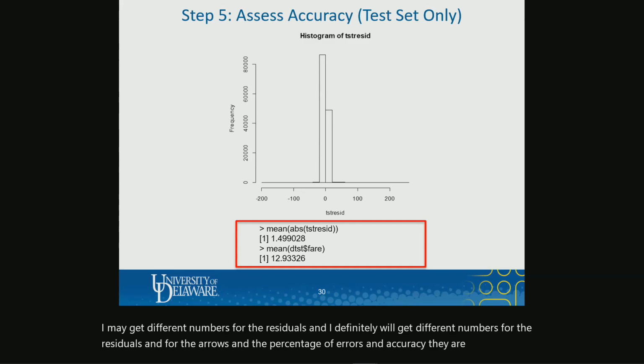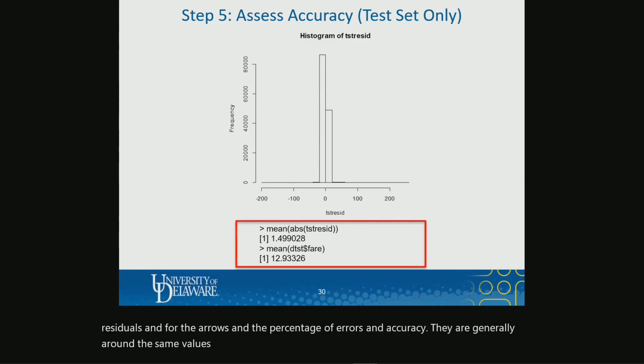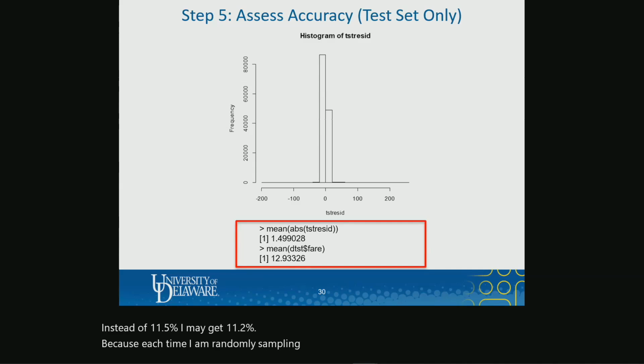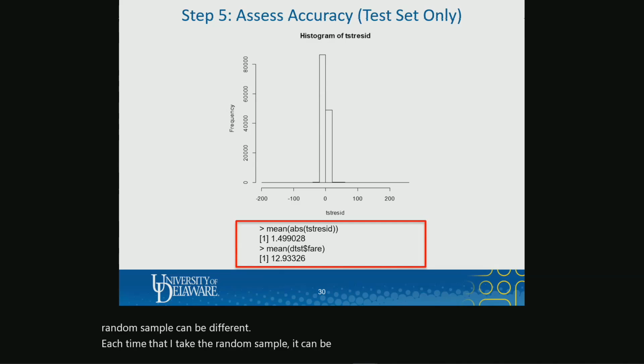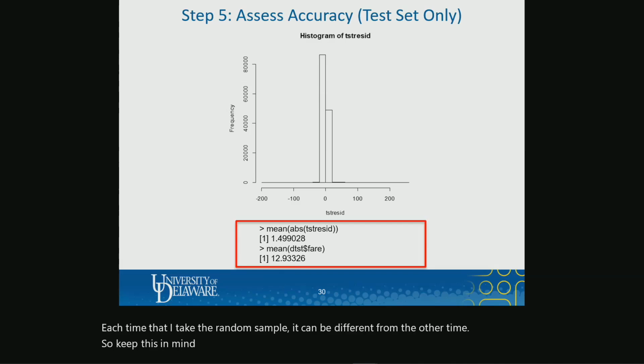They're generally around the same values, but instead of 11.5%, I may get 11.2%, you know, because each time I am randomly sampling, I'm taking a random sample of the data, and each random sample can be different. Each time that I take the random sample, it can be different from the other. Okay, so keep this in mind.